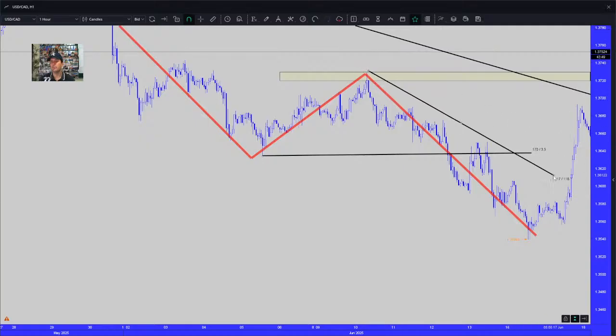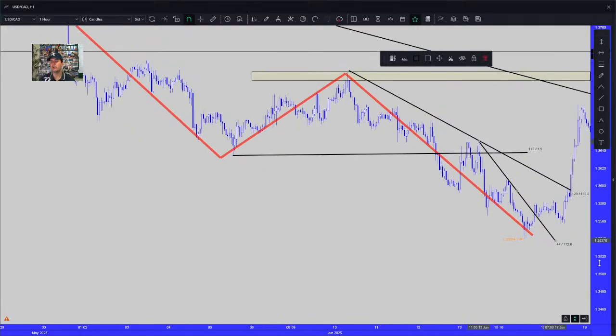No, this is the 1 hour chart. Give me a second. And this would be the counter trend line break now on the smaller scale.